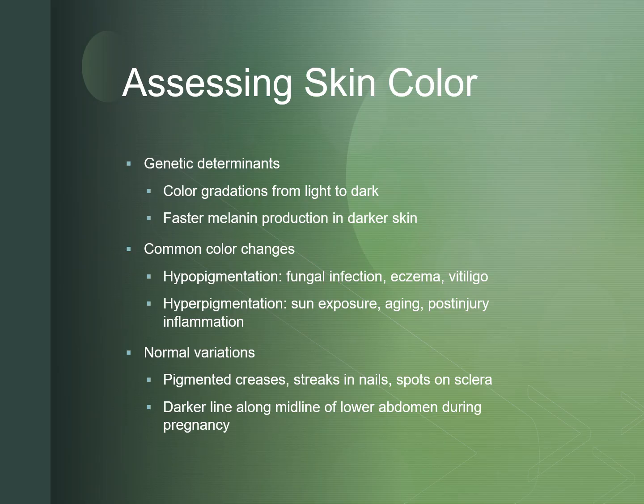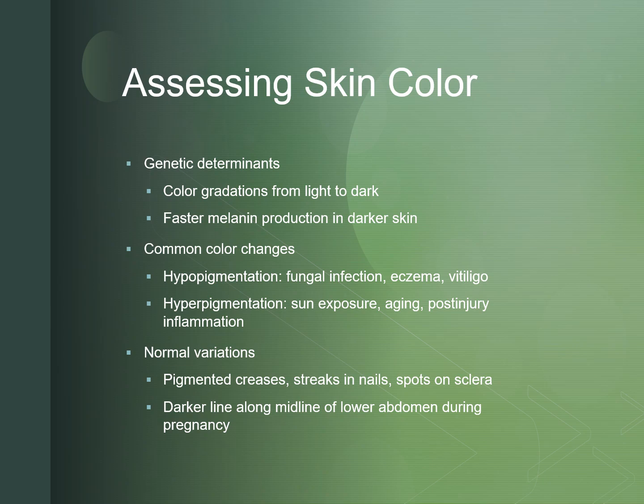Color changes like hypopigmentation or decreased melanin can be seen in fungal infections, eczema, or vitiligo. And then on the opposite, hyperpigmentation, where we have increased melanin, this can be caused by sun exposure, aging, and post-inflammatory changes.